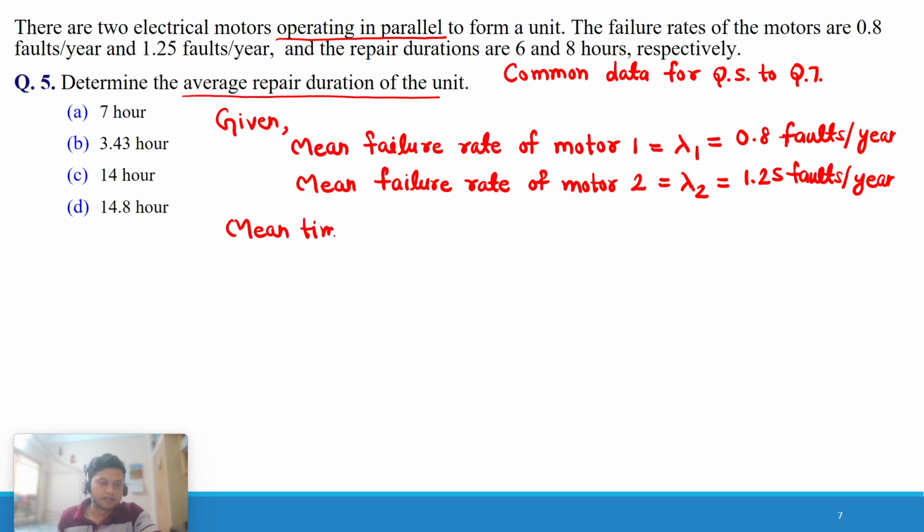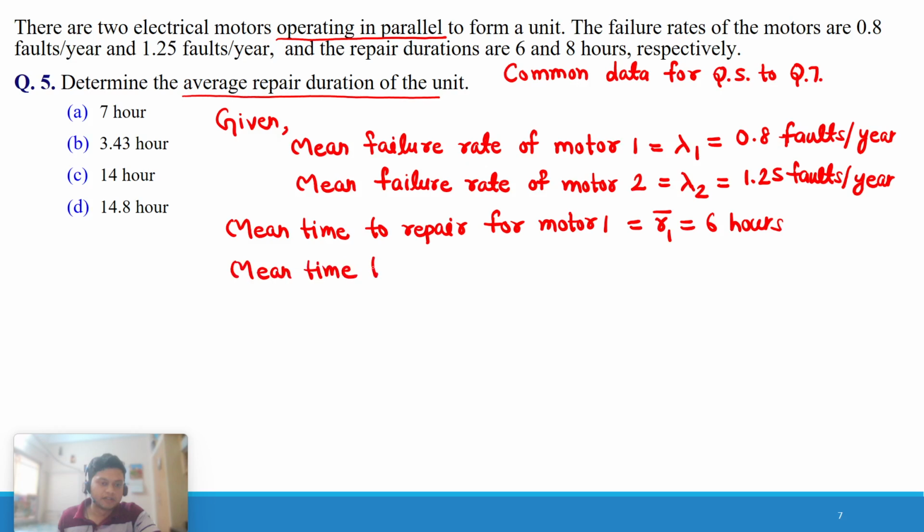Mean time to repair for motor 1, R1 bar, is 6 hours, and mean time to repair for motor 2, R2 bar, is 8 hours.